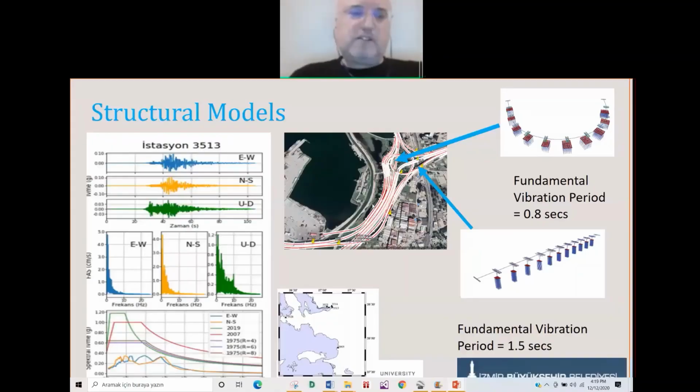And they have periods of 0.8 seconds and 1.5 seconds. When I listen to all these presentations, one of them is close to the station, and it is this problematic range of periods for earthquake engineers. The periods are between 0.8 and 1.5 seconds, but not much happened to these bridges.